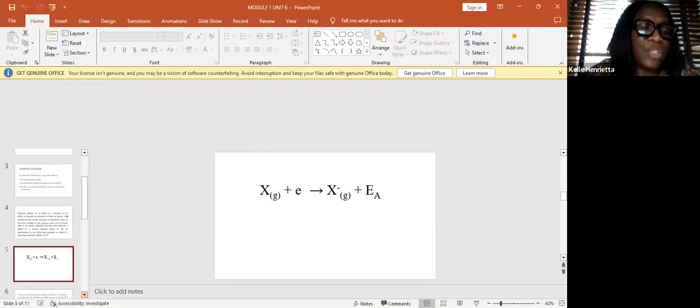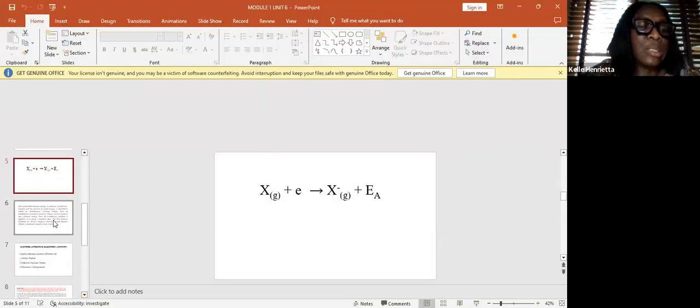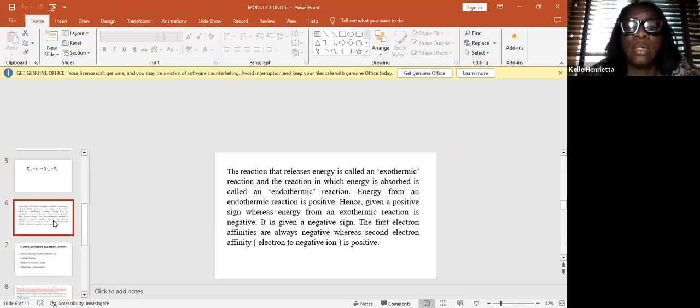Now, you know that when energy is released, that's an exothermic reaction. Then when energy is absorbed, that becomes an endothermic reaction.